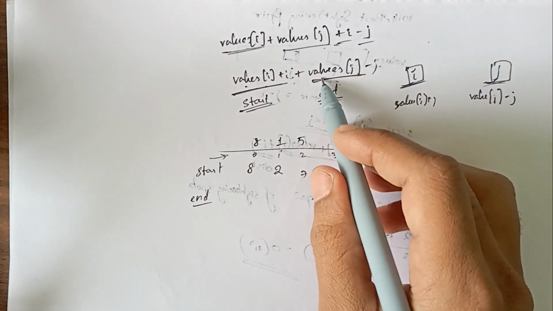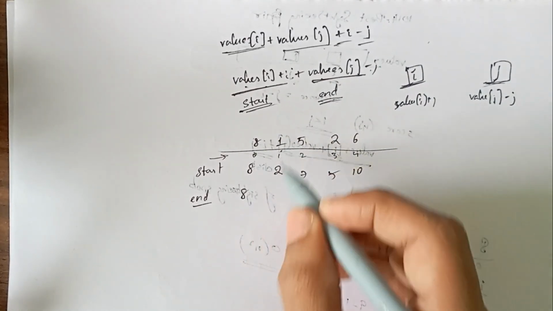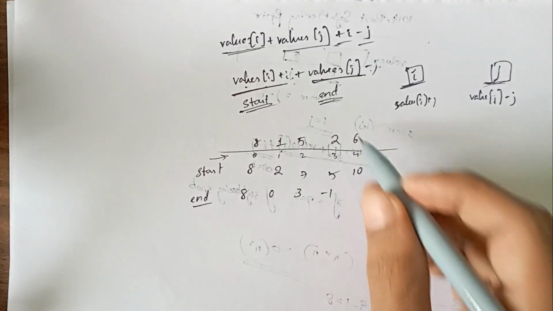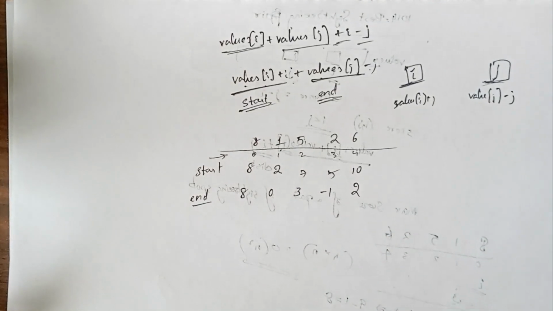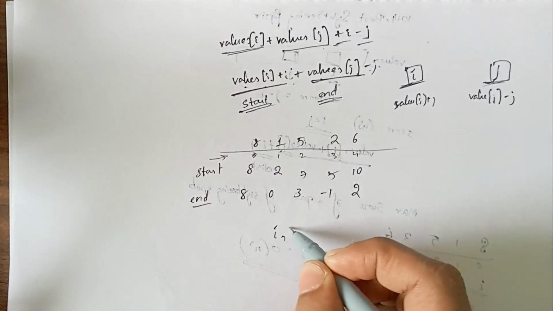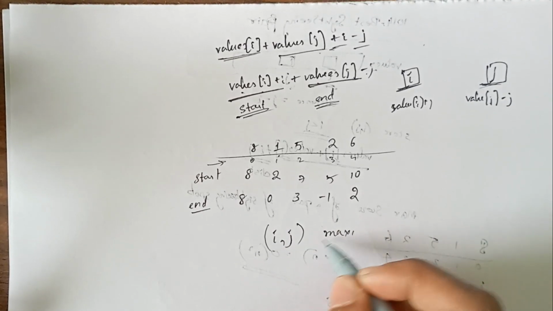Now end will be values of j minus j. Now 8 minus 0 is 8. 1 minus 1, 0. 5 minus 2, 3. 2 minus 3, minus 1. 6 minus 4, 2.